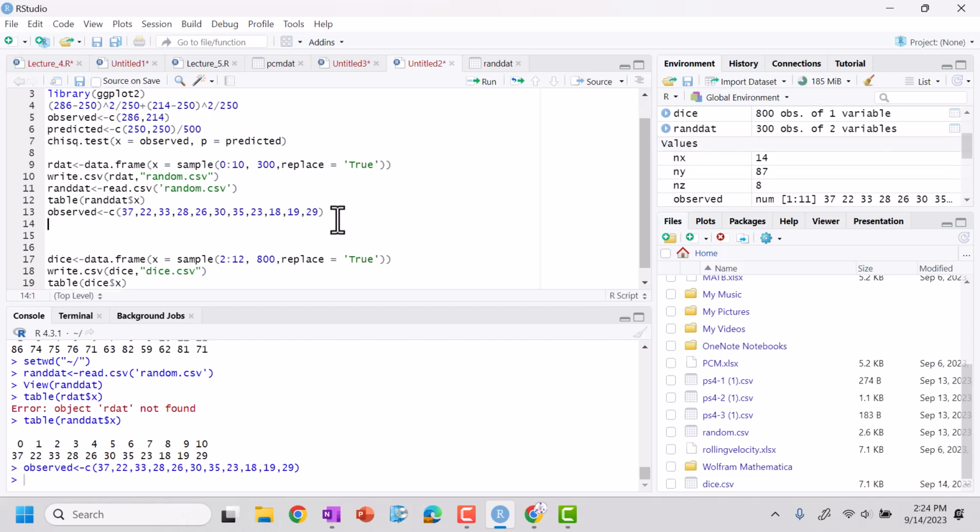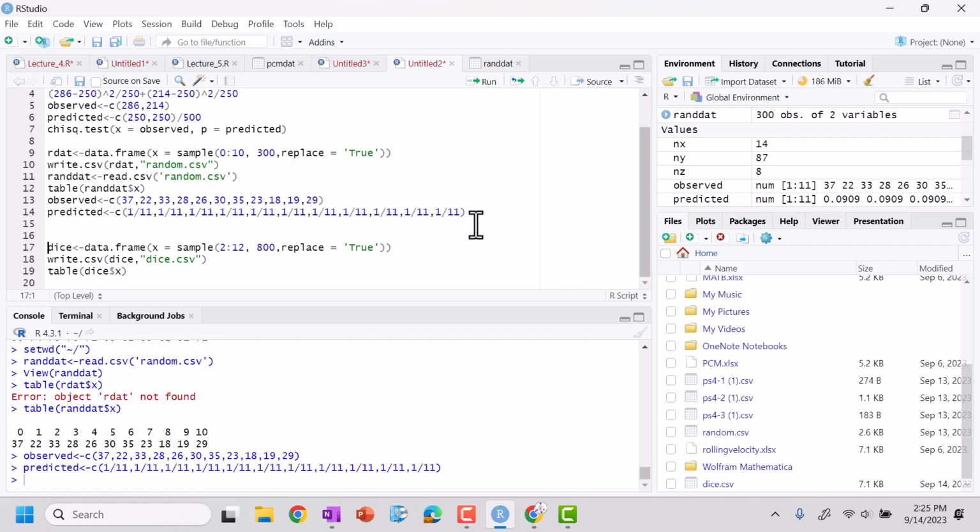From this random number generator, the predicted should be 1 divided by 11, repeated 11 times, because I'm going from 0 to 10, so we have 11 values. And remember, the predicted values have to sum to 1 for our chi-squared.